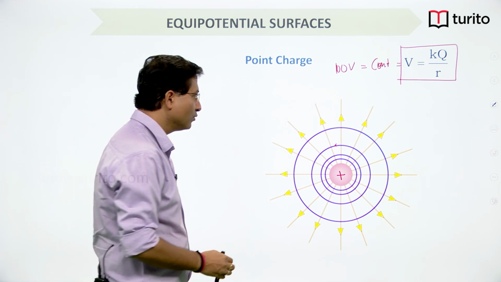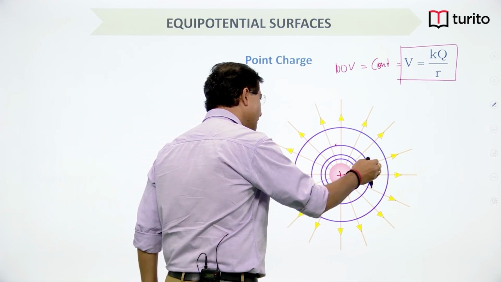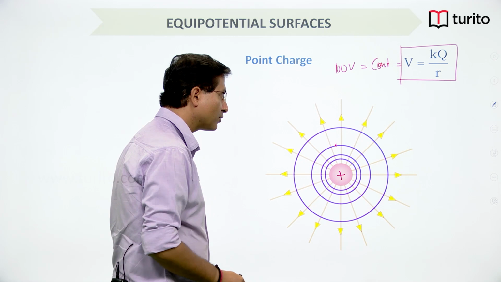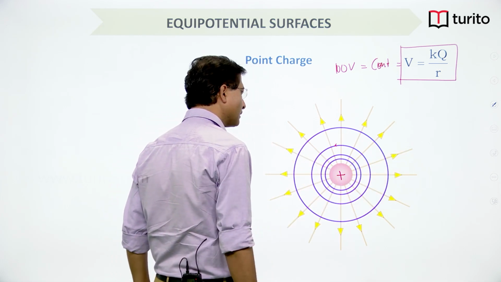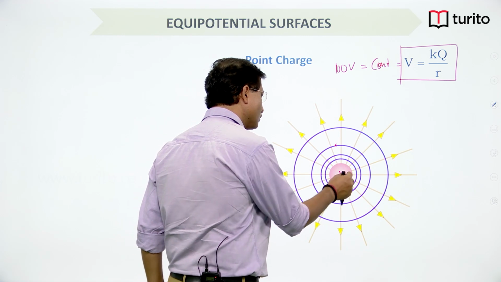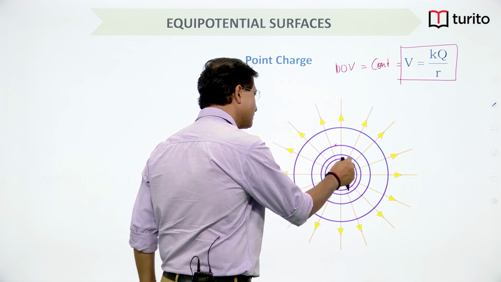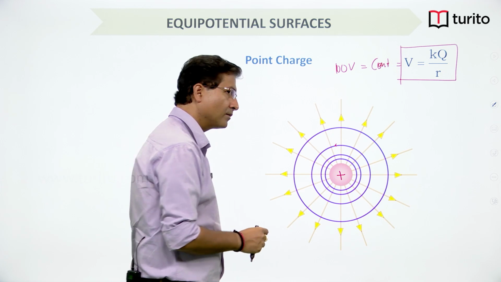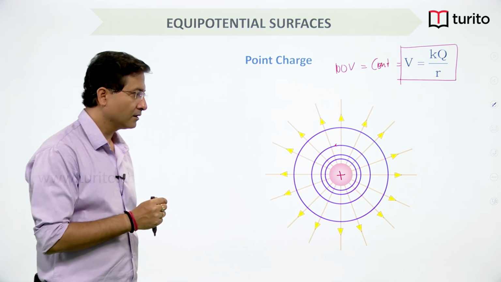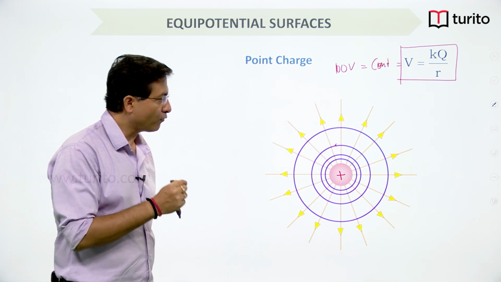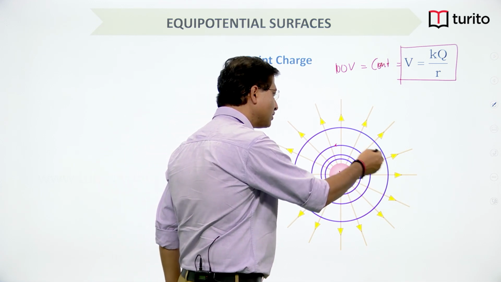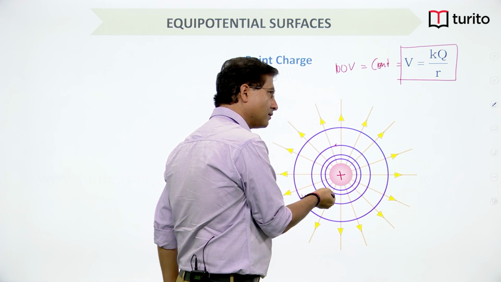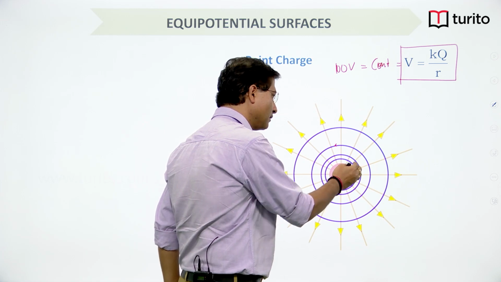So, as you move away from the charge, potential keeps decreasing, right. This circle is representing a potential of a particular value. You change the value, you will get another circle.